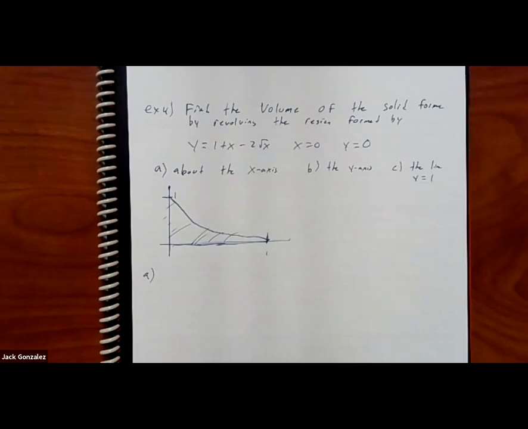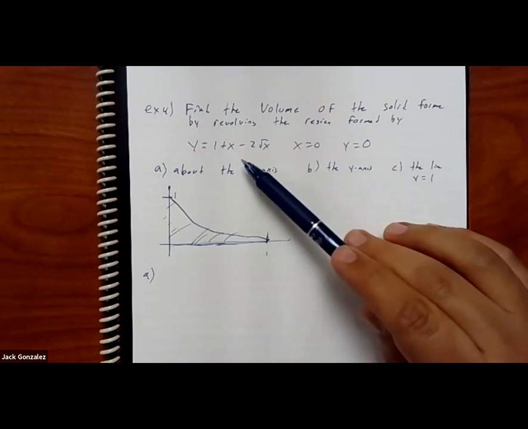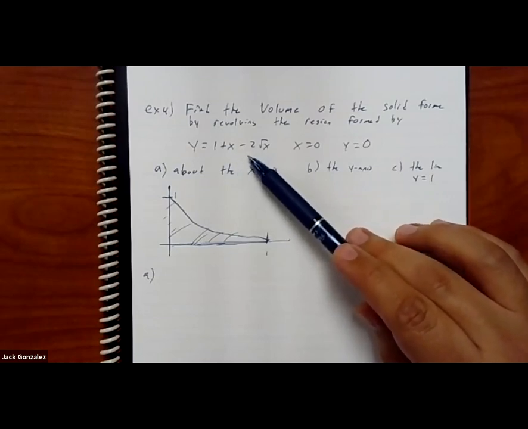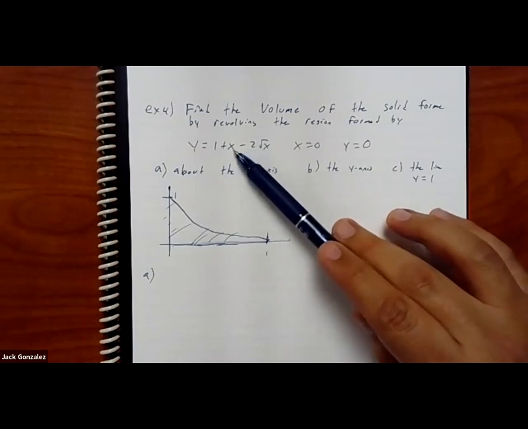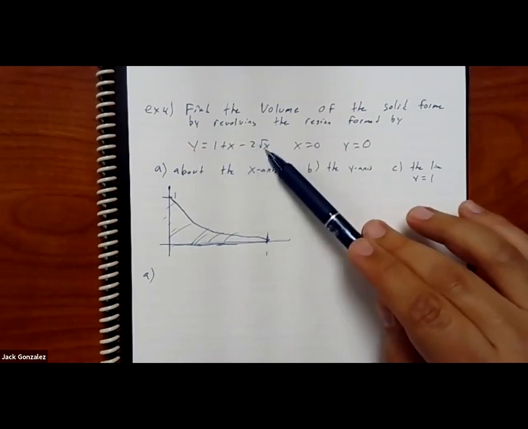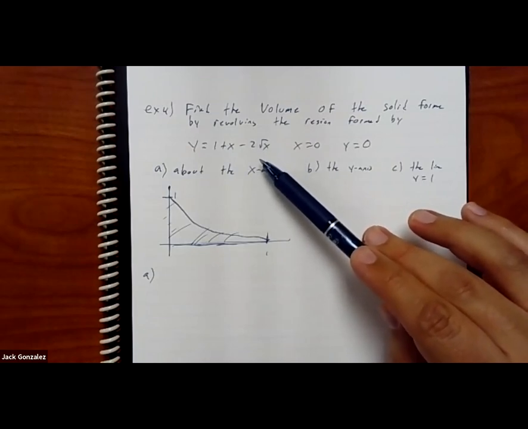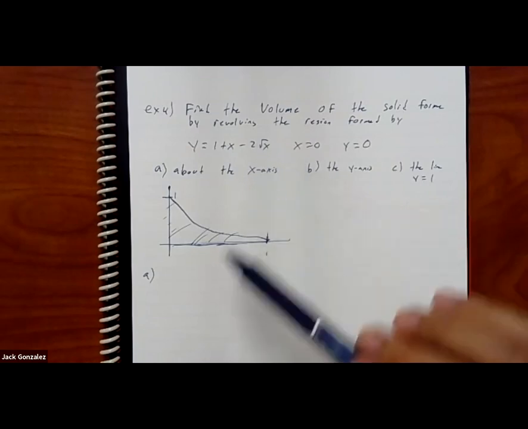Because if I do disks, then that would have to be perpendicular, which would let me use dx, right? Since everything is solved for y, we want to use dx. Otherwise, we would have to solve for x, and it doesn't look like we could implicitly. So we want to stick with dx.